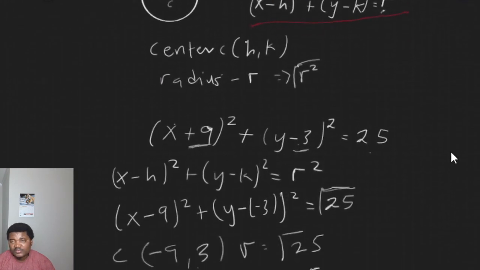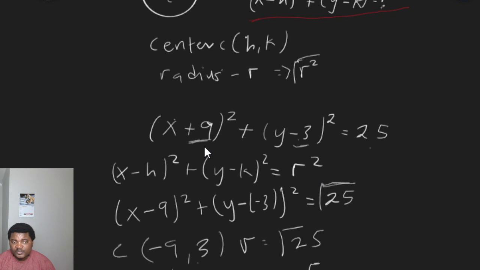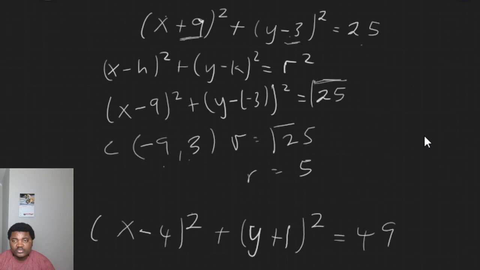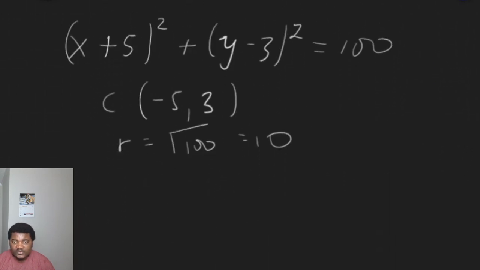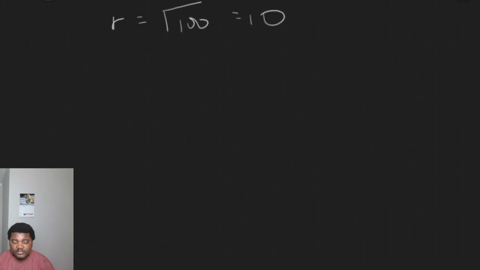So if you have it, just the opposite of whatever is with the x, and the opposite of whatever is with the y is going to be your center, and then the square root of what it is equal to will give you your radius. This is when it is in standard form. At times it may not be in standard form. That is something that we might look at later on.